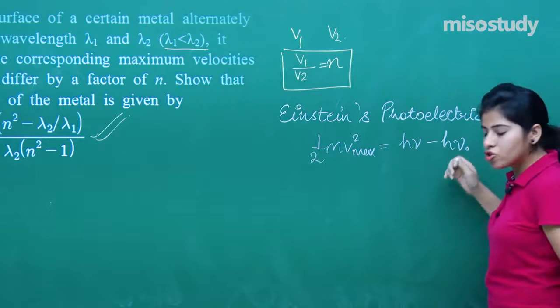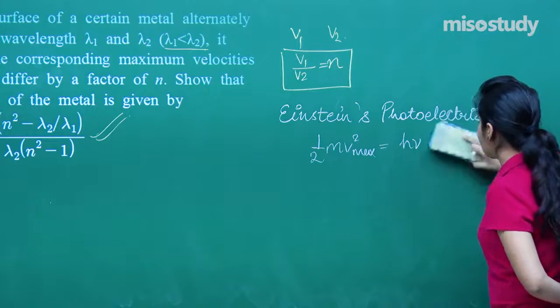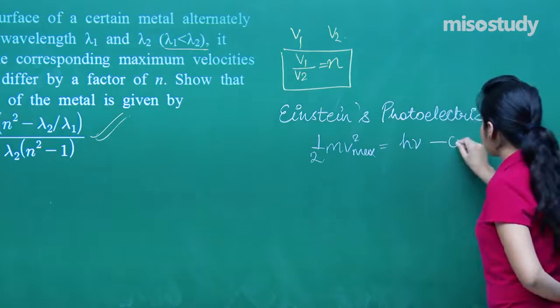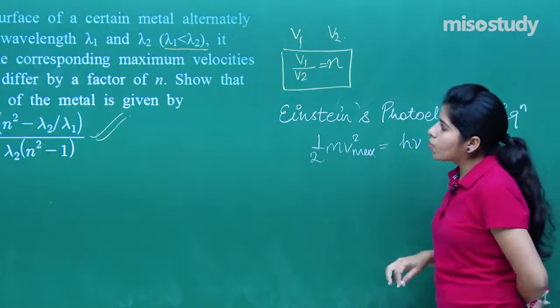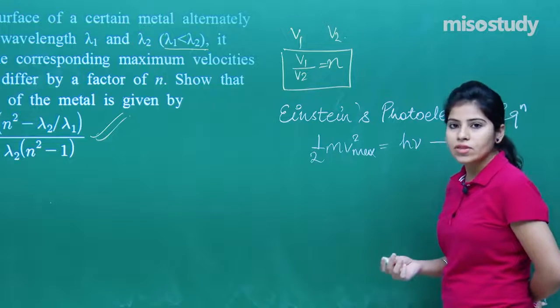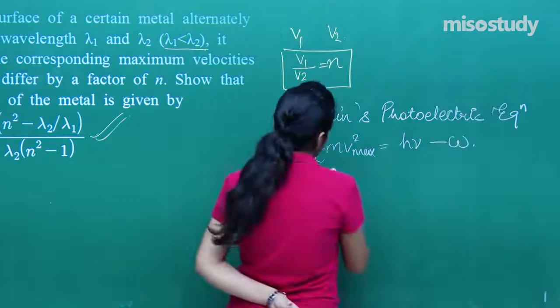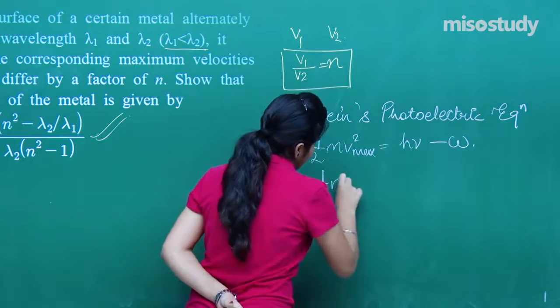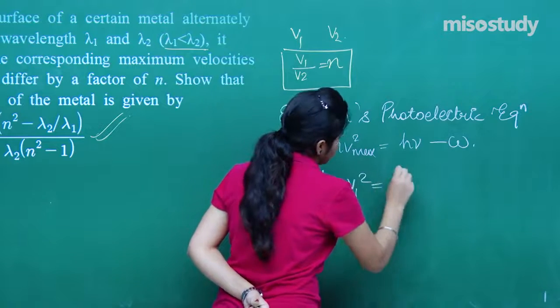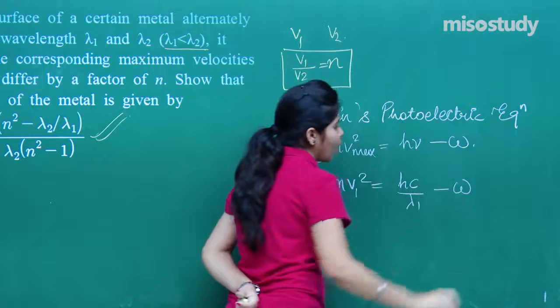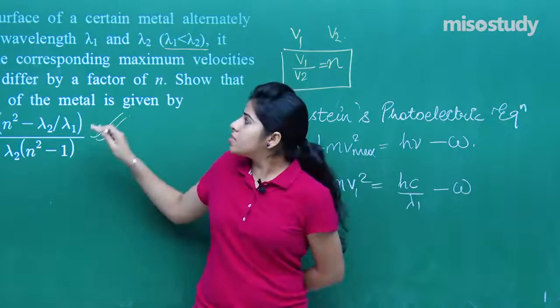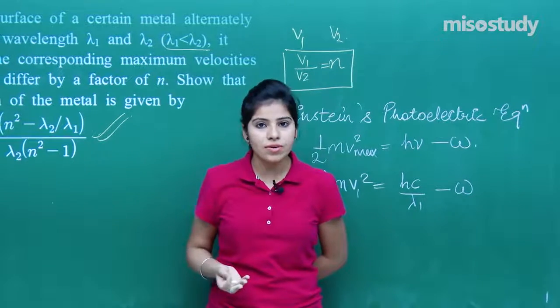Or you can write h nu naught as W, that means the work function. Firstly, we have been given lambda 1 and then lambda 2. So half m v1 square equals hc by lambda 1 minus W, because this is the same metal, so the work function will remain the same.